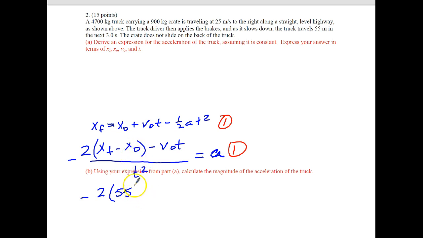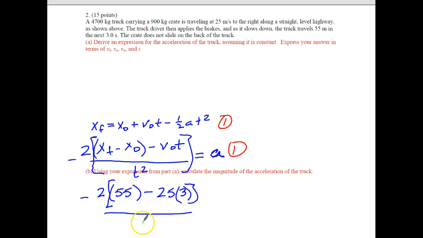Original position is 0, so I won't worry about it. Then we're going to subtract from that, and let's put these in brackets since this is really times the whole thing, the original velocity, which was 25, times the time, which is 3 seconds. Now we need to divide by the time squared, which would be 3 squared.